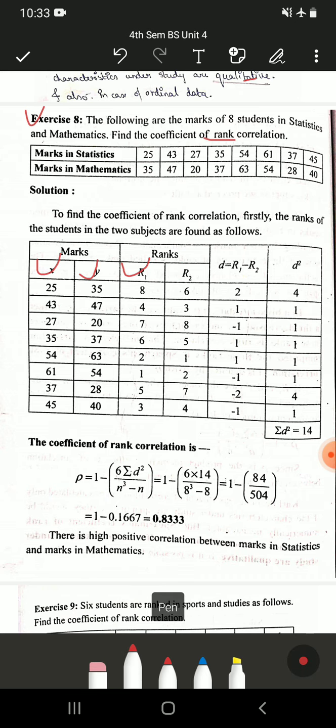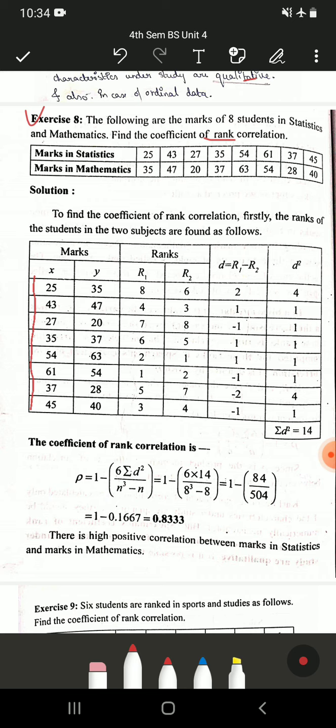So first let us see R1. What you have to do is go on assigning ranks either in decreasing or increasing order. So here we will assign it in decreasing order.